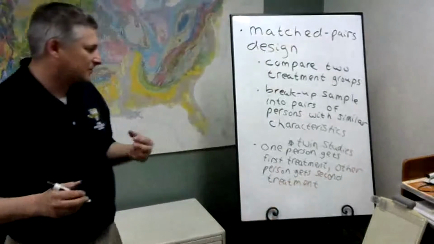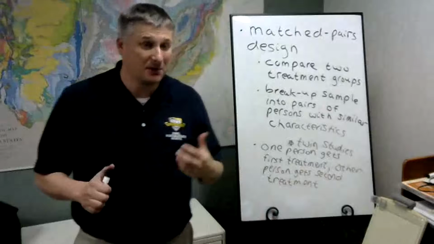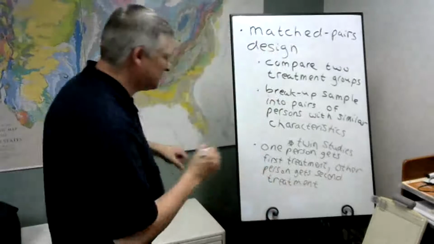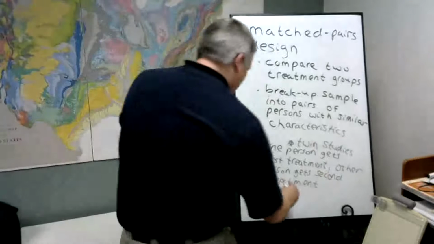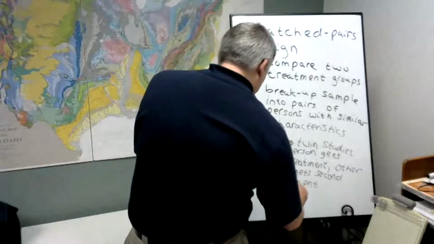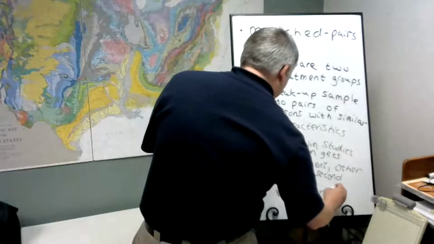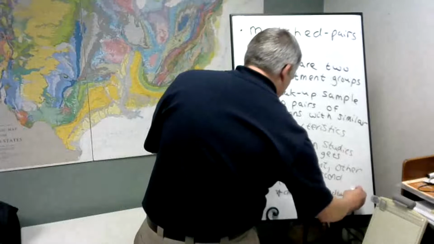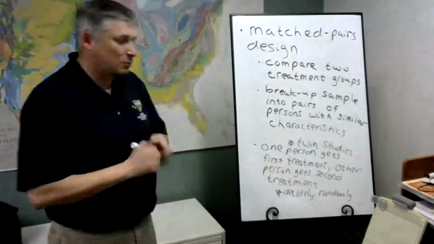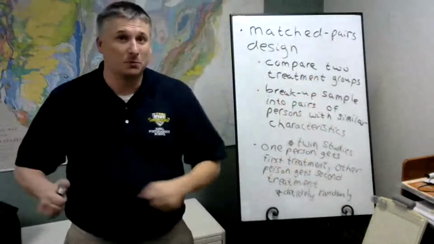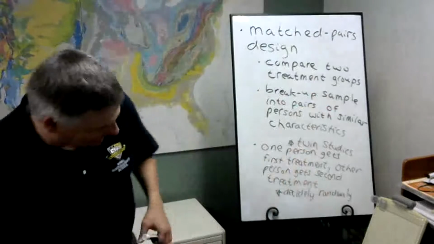So one person gets the first treatment, other person gets the second treatment. And then this is decided, like who gets which treatment, again, decided randomly. So we'll randomly assign one person treatment 1, the other person treatment 2. All right.